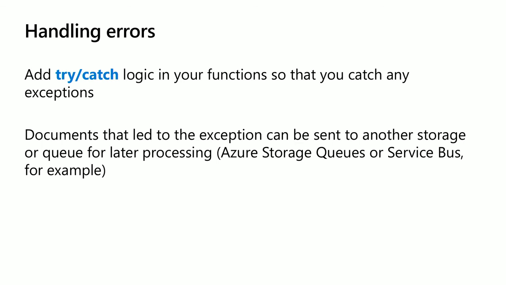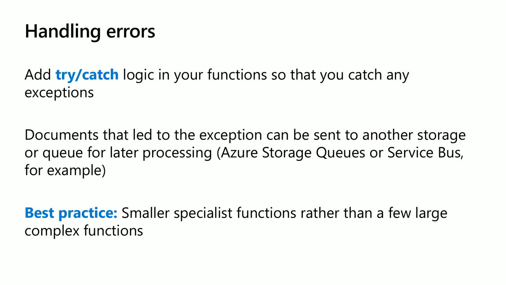If, for example, we were to have some error or exception in our function code, we would surely want to do that try-catch pattern where we catch the error, store what document failed, and put it in a queue somewhere so that we can later reprocess that document either manually or through some other code and perform that necessary business logic. This allows your function to continue processing later documents, but still retain which documents were not processed correctly, so that you get the guarantee that you're processing every document that's written to your locations container.